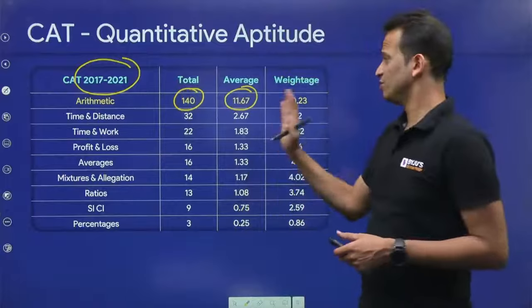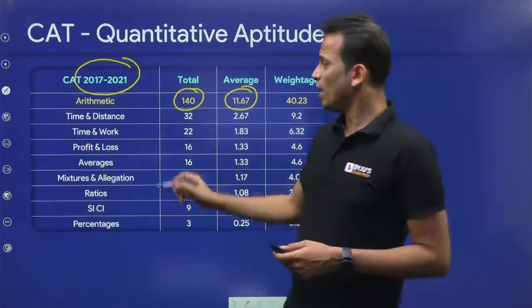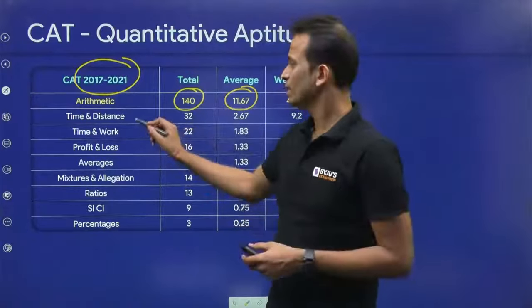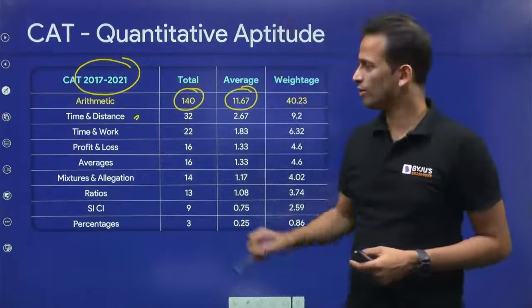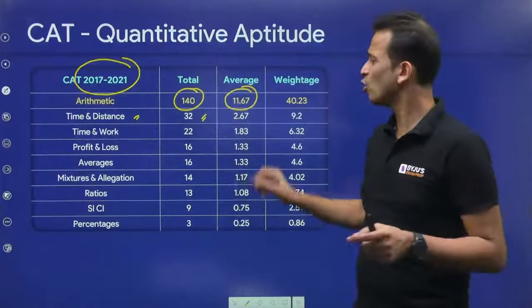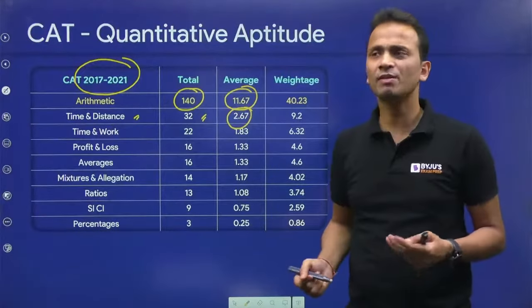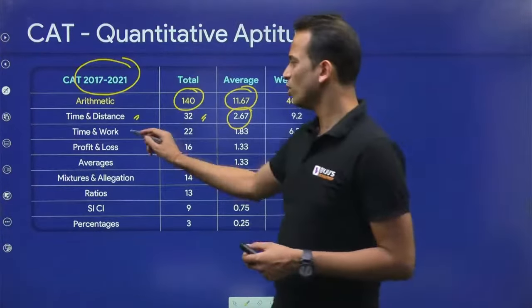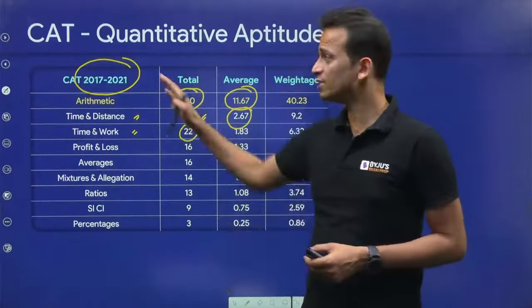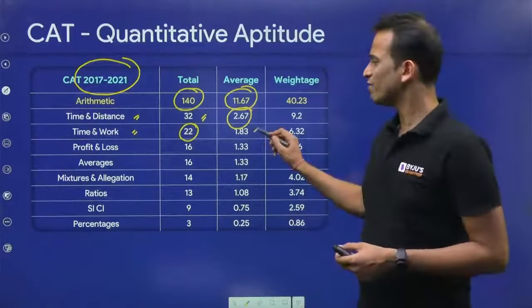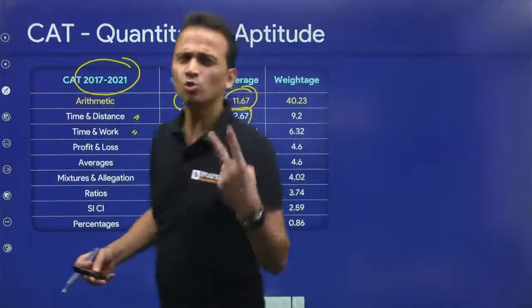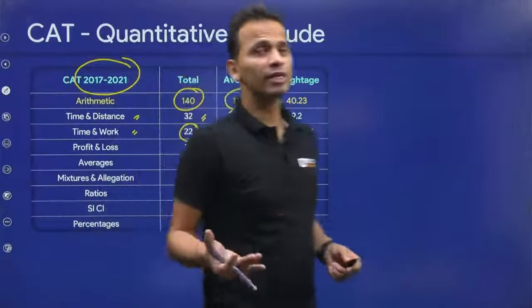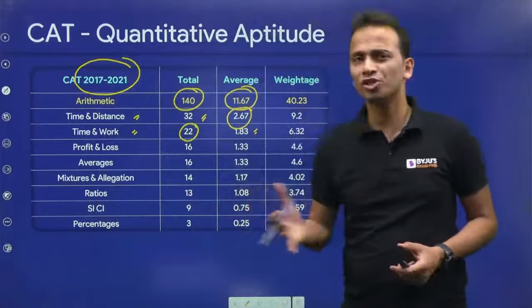Now, out of this, from time, speed, distance alone, there have been 32 questions, and on an average, 2.67 questions have been asked from time, speed, distance. Time and work, a total of 22 questions in this period of 5 years. On an average, 1.83, so I can say that on an average 2 questions have been asked every year from time and work. Time and work includes the questions of time and work as well as pipes and cisterns.